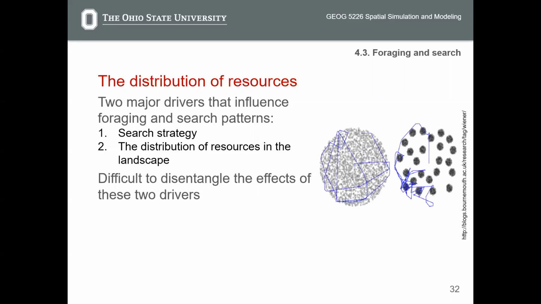Okay. So on the left side, we have a circle space. We can say that each small dot here can be considered as a tree or a location where resources could be found.